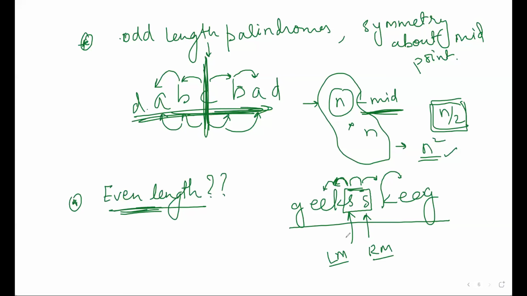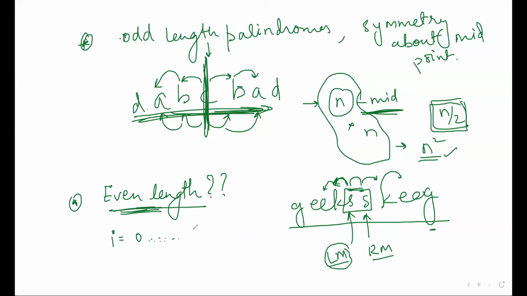Suppose we focus on the left midpoint only. I can have the left midpoint at index 0. Can I have the left midpoint at index n minus 1? The answer here is no. I cannot have a left midpoint at the very last index, because then there will be no space for the right midpoint.